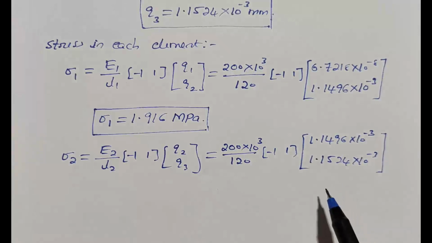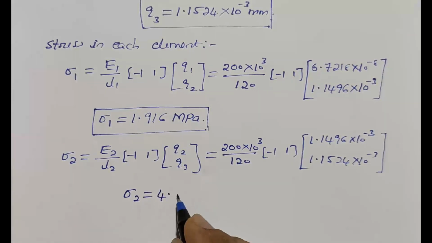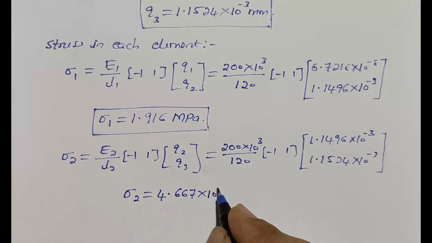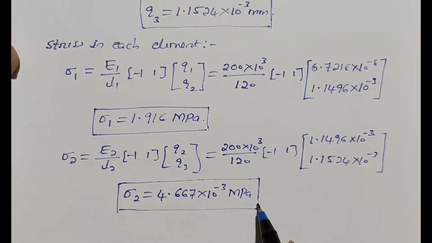If you simplify this, we will get sigma 2 is equal to 4.667 into 10 power minus 3 megapascal or Newton per mm square. This is stress in element number 2.